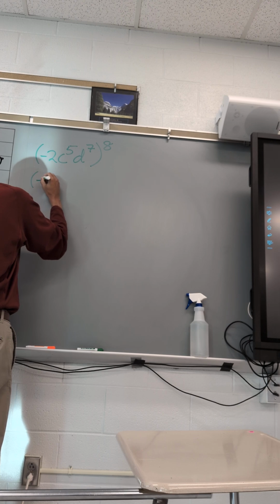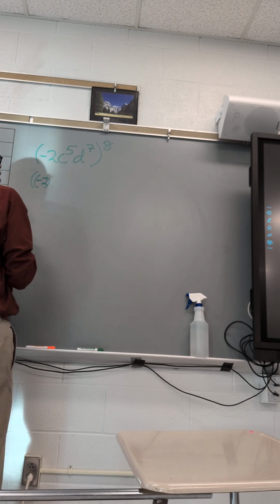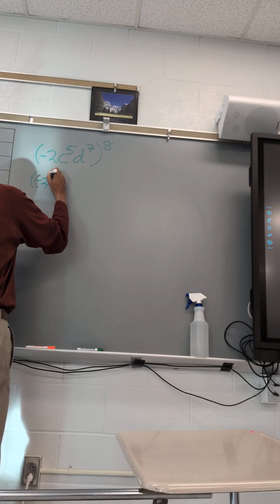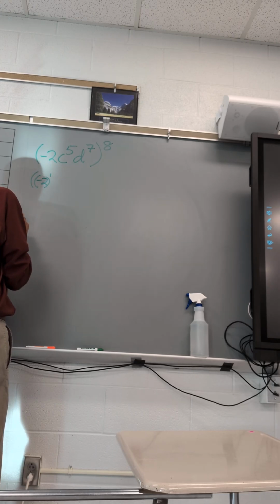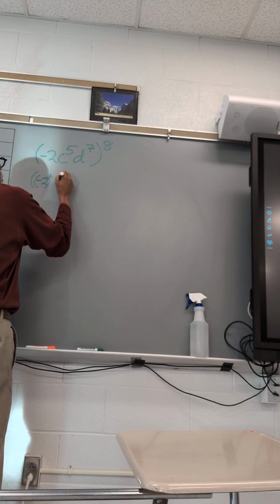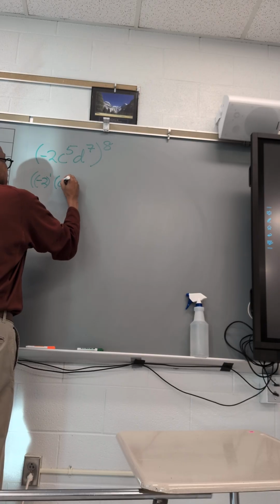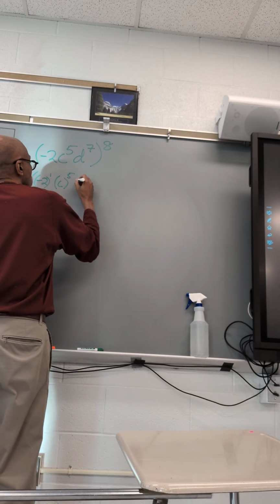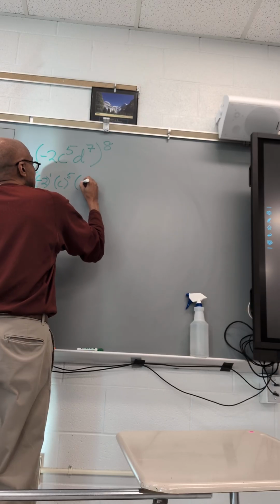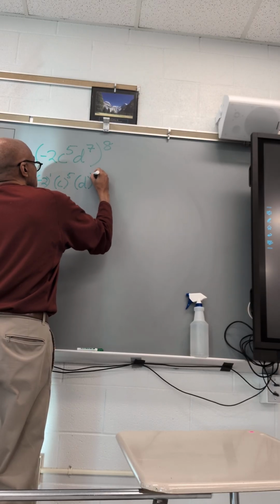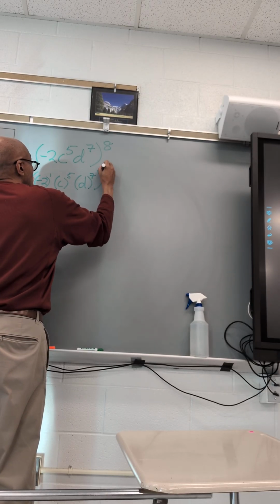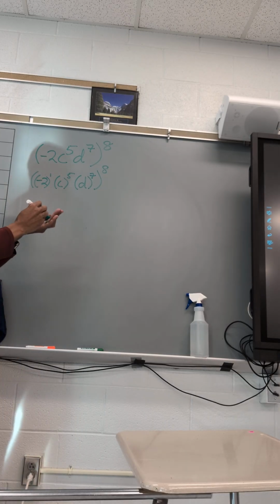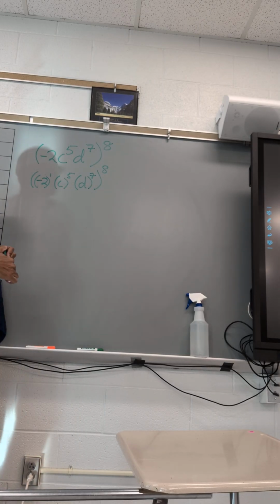So it's -2, and we have to remember it's a number, so it's -2 to the 1st power, multiplied times c to the 5th power, multiplied by d to the 7th power, and all of them are raised to the 8th power.